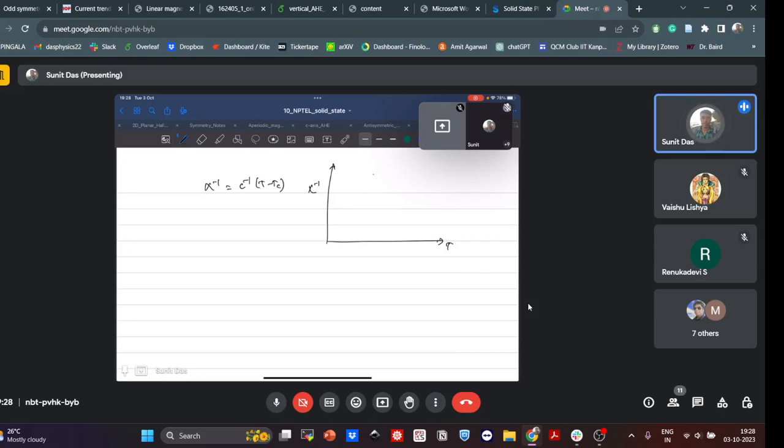So this is actually linear. Chi inverse is linearly proportional to T, above Tc, when T is greater than Tc.